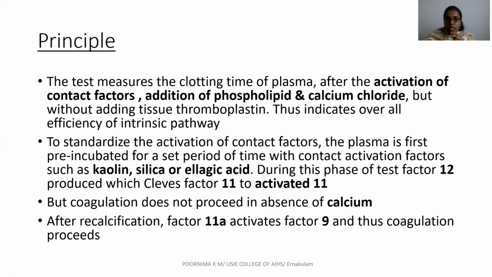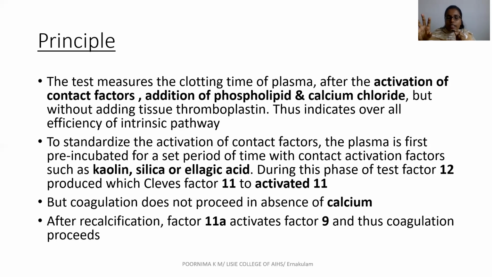Here, as we are doing the test in vitro, we are adding contact activation factors such as kaolin, silica or ellagic acid. These contact activation factors along with the phospholipid cause activation of factor 12. So the activated factor 12 causes activation of factor 11.